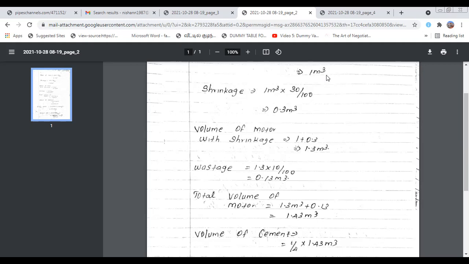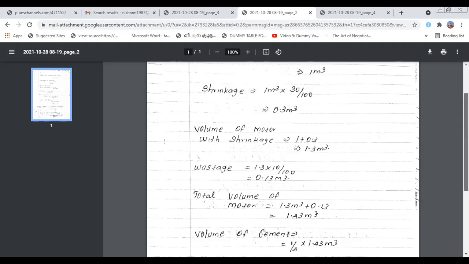Now for the 100 meter square, 10 millimeter thickness plastering, the total required mortar is 1.3 plus 0.13 equals 1.43 meter cube. If we have 1.43 meter cube of mortar, we can apply it for the 100 meter squared at 10 millimeter thickness.